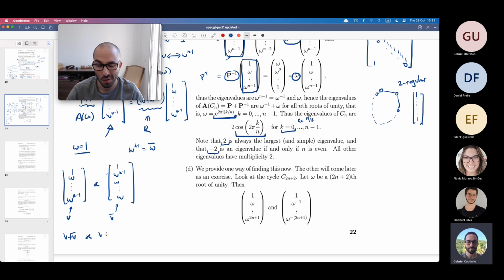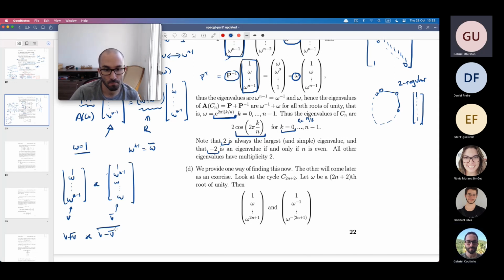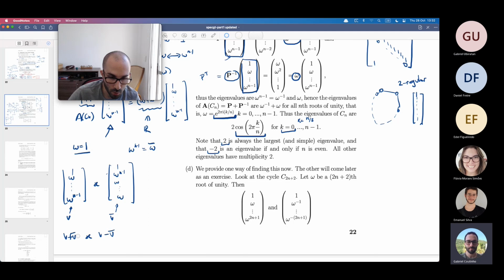what can you do? V plus V conjugate and V minus V conjugate. So the real parts and the imaginary parts of these guys. You're conjugating the whole number. So if it was imaginary, you'd still have an imaginary part after. Okay, so I want to take the imaginary part of this, right?